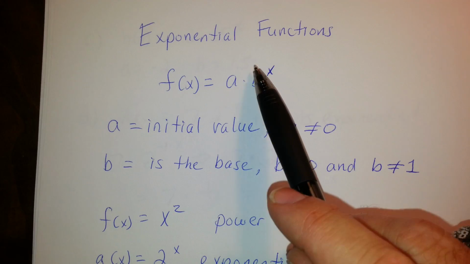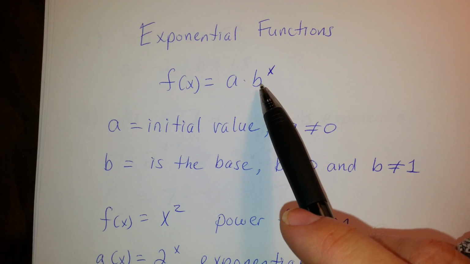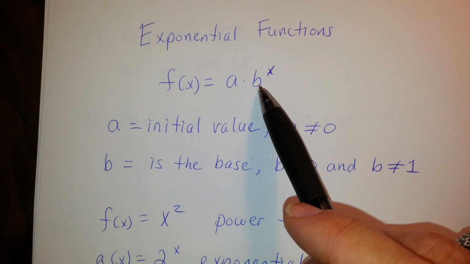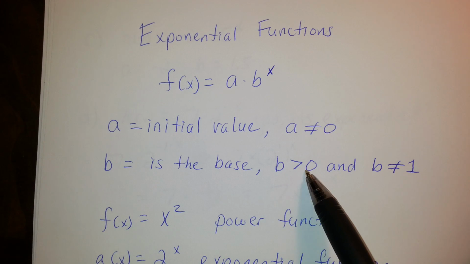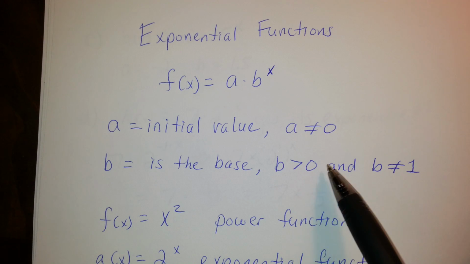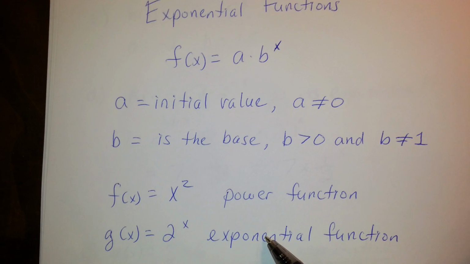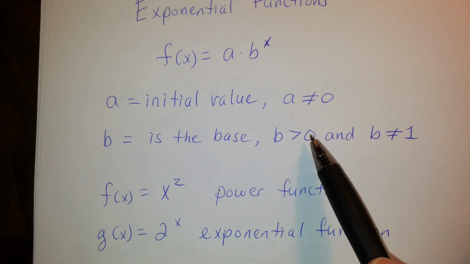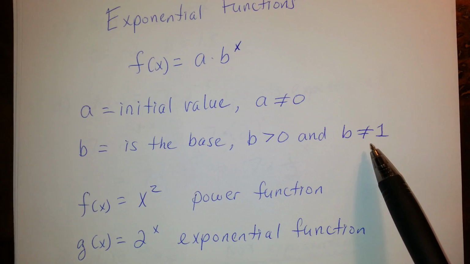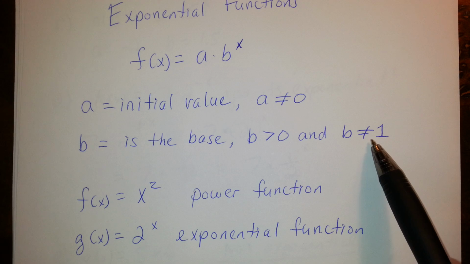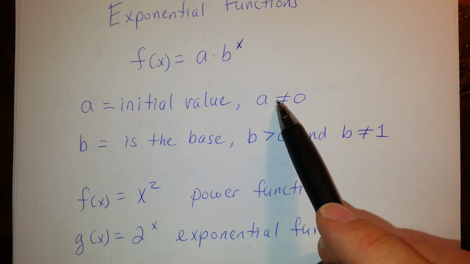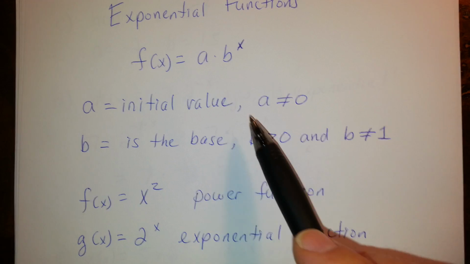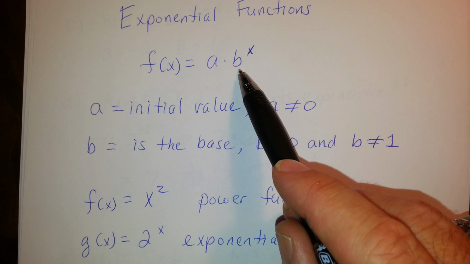This is what you're multiplying by, like in a geometric sequence, your common ratio. B is greater than 0, so it can be a fraction, but it can't be 1. We'll look at 2 graphs later, when it's a fraction and when it's greater than 1. If we keep multiplying anything by 1, it just stays the same. So a can't be 0, b is greater than 0, but it can't be 1.